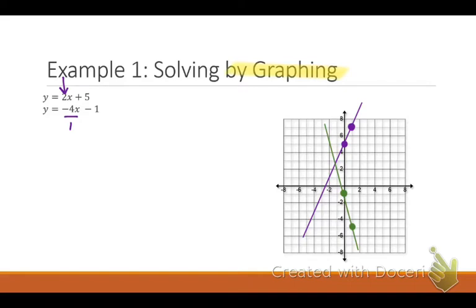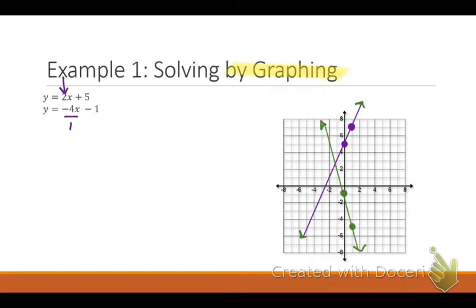What I want you to remember, because it's been a while since we talked about what these lines mean on the graph: the green line and the purple line actually highlight all of the solutions. This green line is all of the solutions to my second equation. The purple line is all my solutions to the first equation.